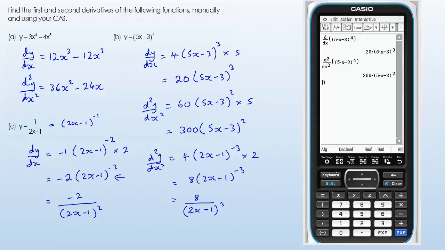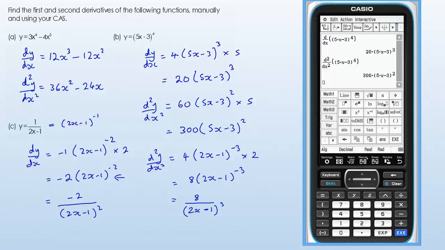Now there's other places we can find these things, so we can go into the keyboard, and these templates here. So if we're doing d/dx of, and let's put in there (5x minus 3) to the power 4, and we get the same answer.